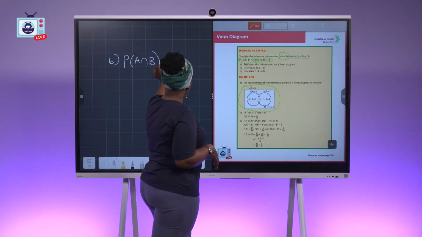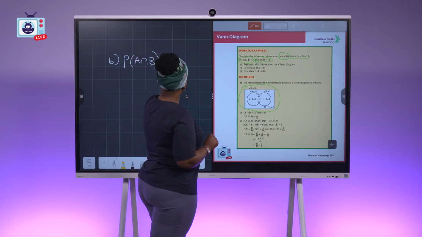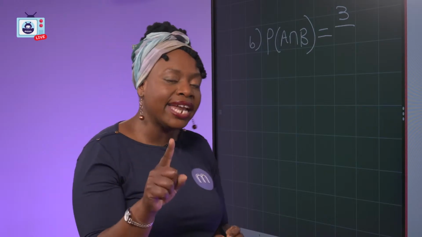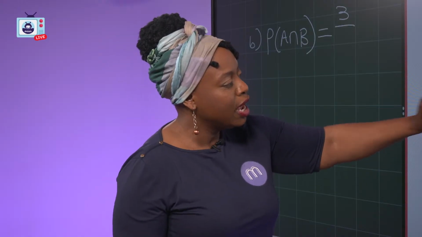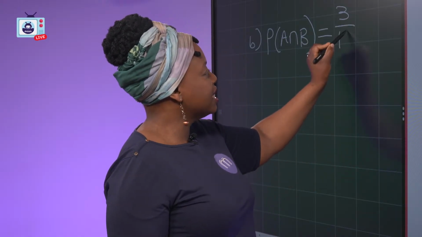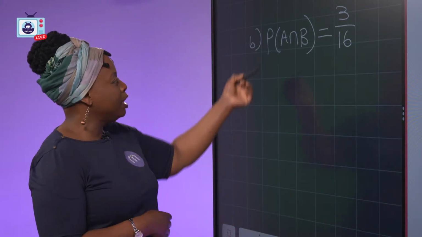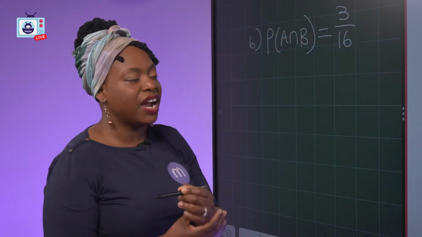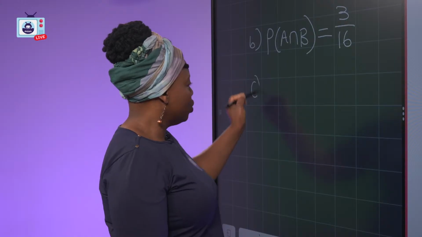But that is not just the numbers, it's the probability. So the probability is always written as a fraction, or it has to be 1, or it can be a decimal. So in this case, we have 3, which is in the intersection, but the total of it is now 16. So that's why we're going to say the probability of A intersecting B is 3 divided by 16. Just like that. And that's how you get to the answer.